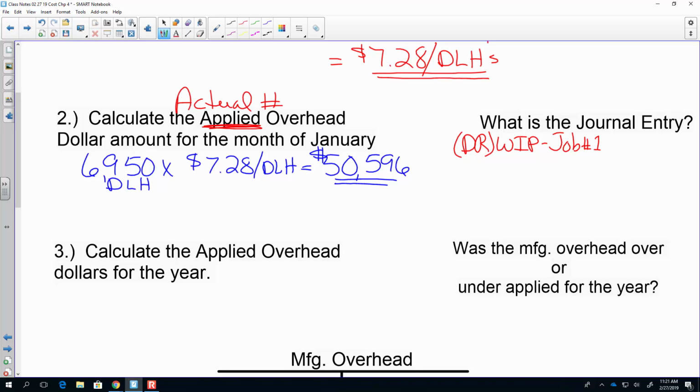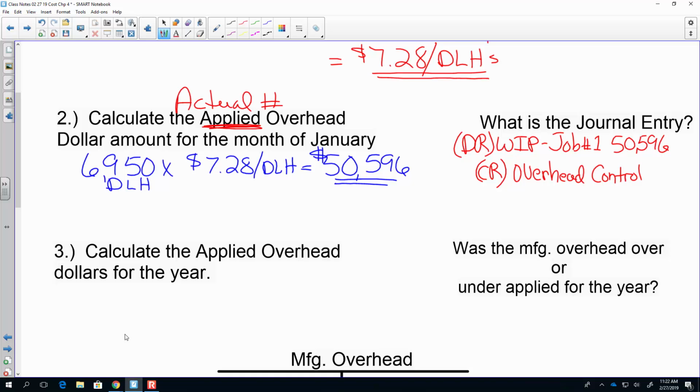So I'm going to put the 50,596 as a debit, and I'm going to credit a new account. I think the author uses overhead control. It's a temporary account.